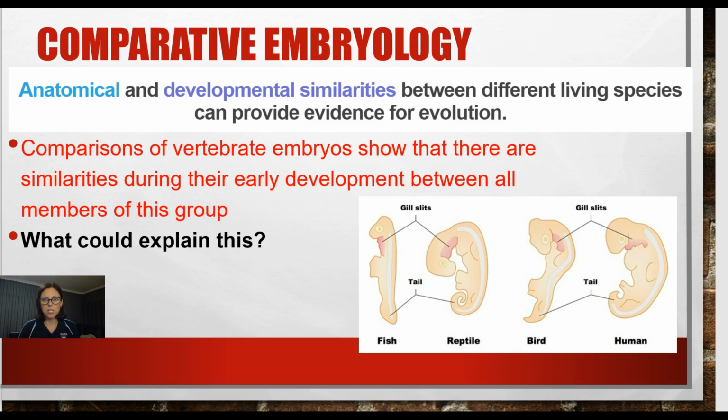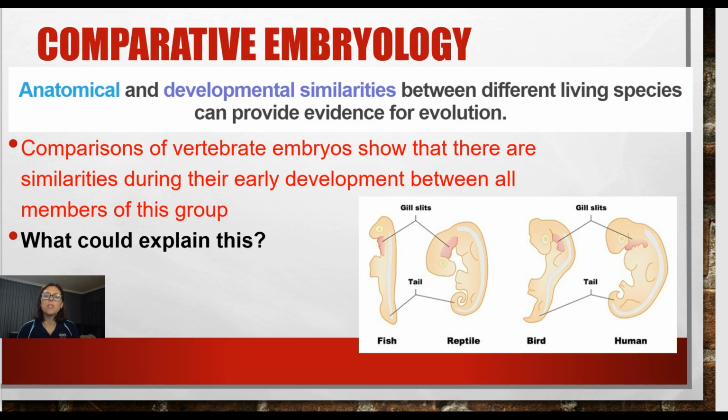So as the name suggests, we're looking at the embryonic stage of an animal's development. So scientists have, over a period of time, looked at anatomical and also developmental, how they develop through their embryonic stage, and those similarities and differences between different organisms there as evidence for evolution.